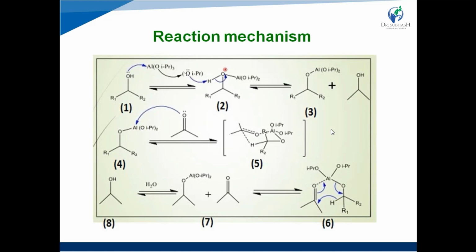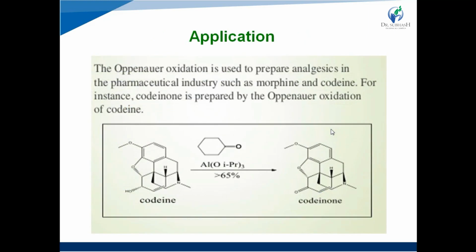Now rearrangement will occur and form intermediate 6, right, that is a hexagonal intermediate, and this intermediate undergoes rearrangement and hydrolysis, leading to the formation of the ketone molecule, right? Now applications. The Oppenauer oxidation is used to prepare analgesics in the pharmaceutical industry such as morphine and codeine, right?